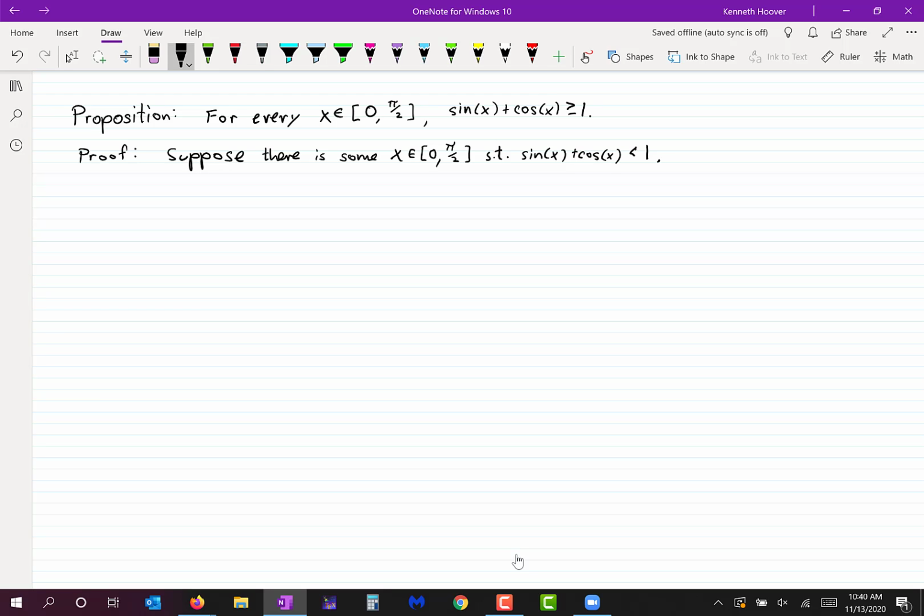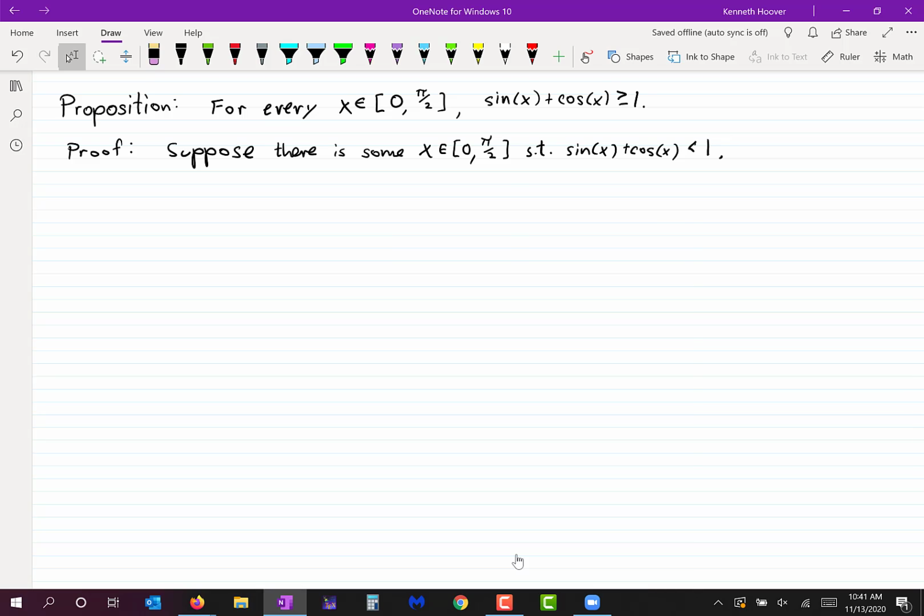Okay? Well, what do you know about sine of x between 0 and pi over 2? And also, what do you know the same thing about cosine of x between 0 and pi over 2? We know that they are both non-negative, right? We know that for all x between 0 and pi over 2, sine of x and cosine of x are both equal to or greater than 0. Okay? Let's write that down.